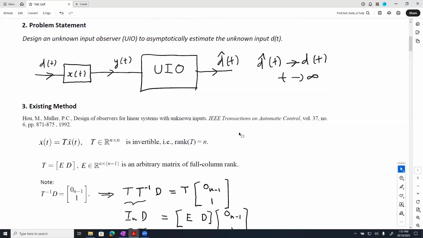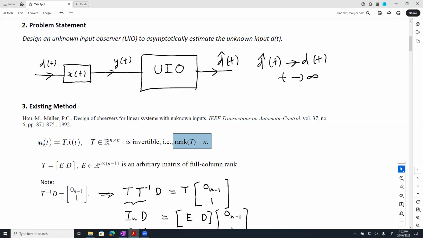Now, the method is based on a state transformation. They introduce a state transformation matrix, let's call it T, where T is a square n by n invertible matrix, so the rank of T is n.